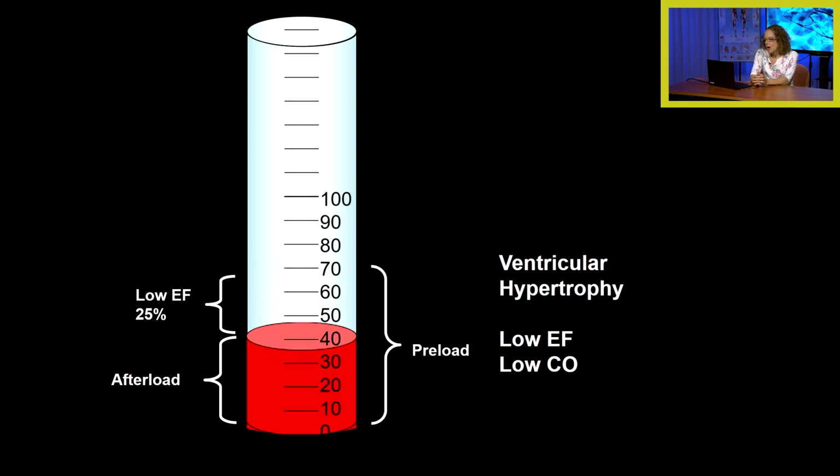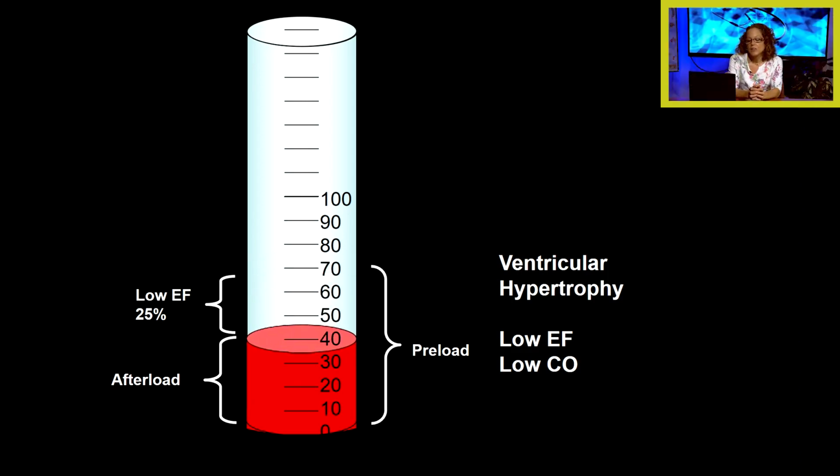We've got less capacity inside the ventricle for blood to come in, so less blood coming in. We have a weakened heart that's not pumping efficiently, so a low amount of blood is being pumped out, and we still have blood left in the ventricle afterwards.